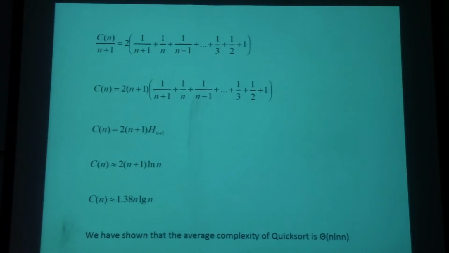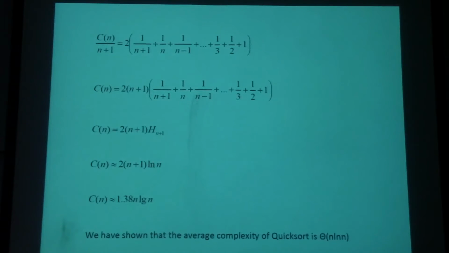And we also found by using integrals that the harmonic sequence has a lower and upper bound which is proportional to log n. So therefore, C of n is now approximately 2 times n plus 1 times the log of n.